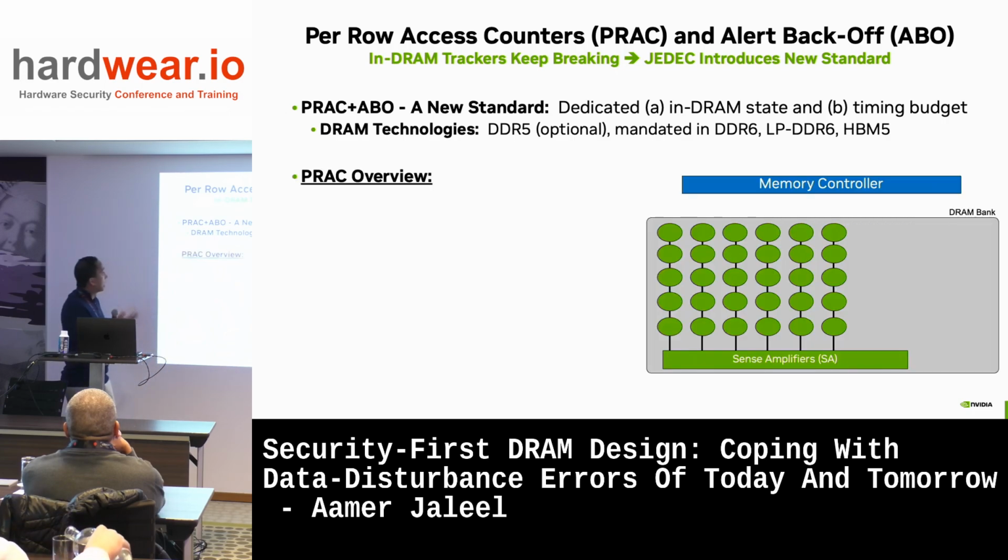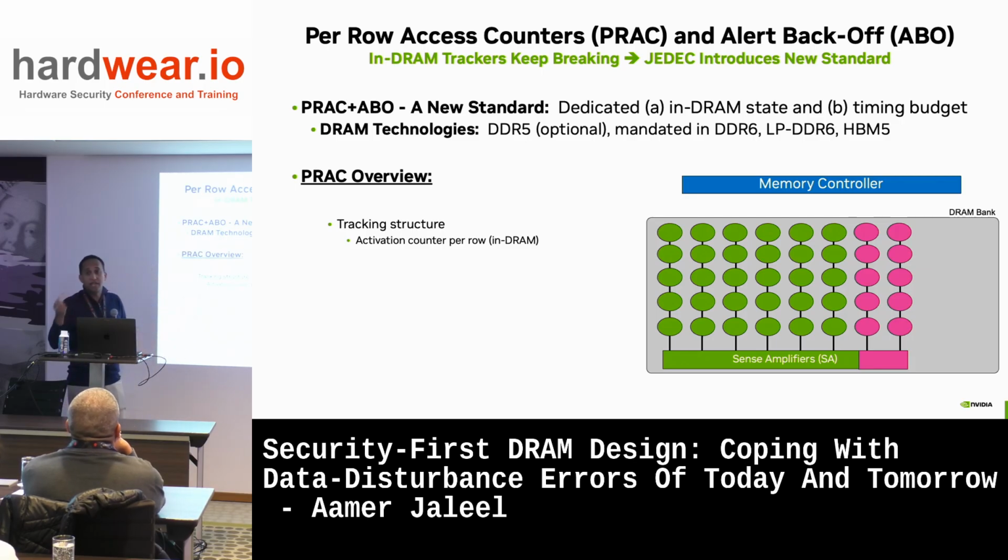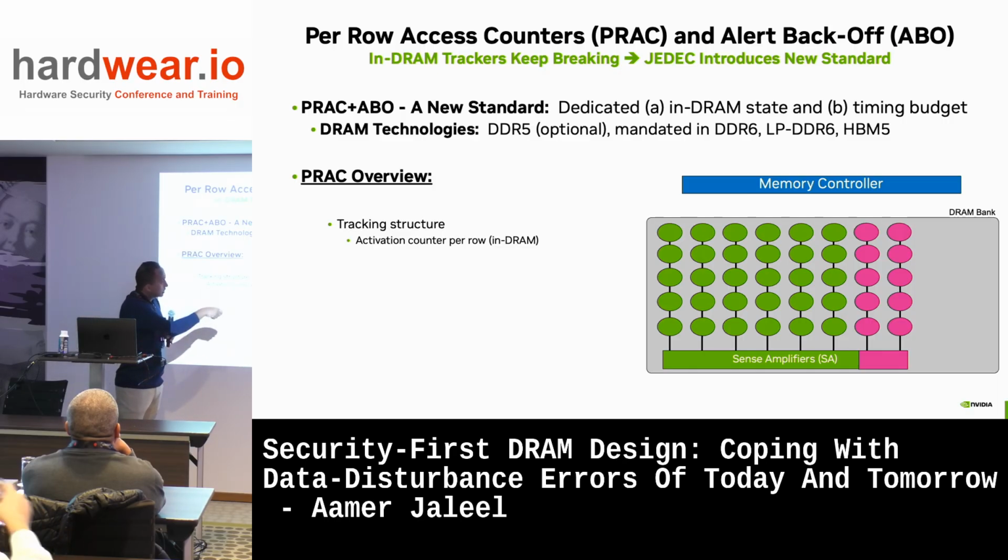So how does PRAC work? It requires changes to the existing DRAM design, where you take the existing DRAM design and you add some more state within it, which is the activation counter per row, right? Which is the tracking structure. These counters are basically going to hold the number of times a row is activated.